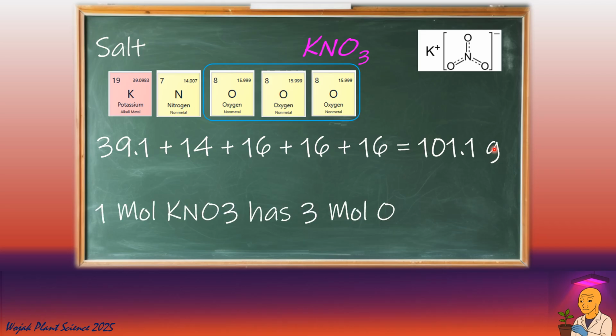And what you should take away is 1 mole of potassium nitrate has 3 mole of oxygen. Because you can see that here, we take this salt, that molecule, as 1 unit, and we can have 1 mole of this, and in this mole we have 3 mole of oxygen. Okay?